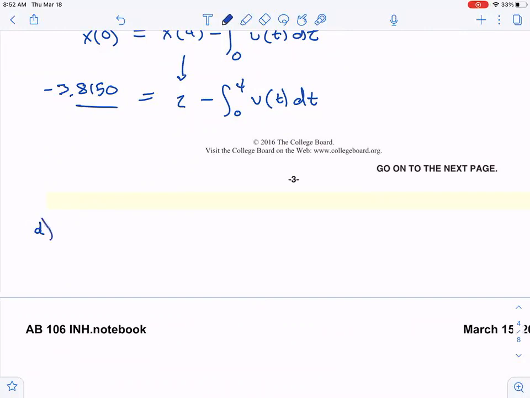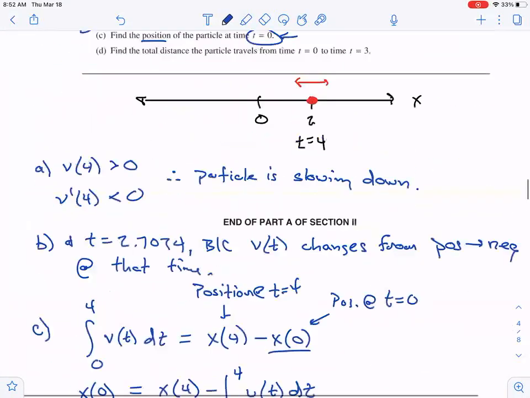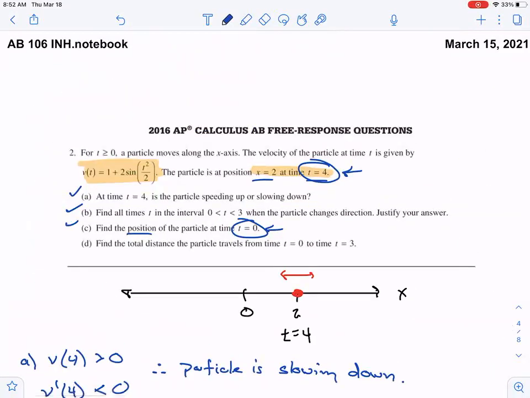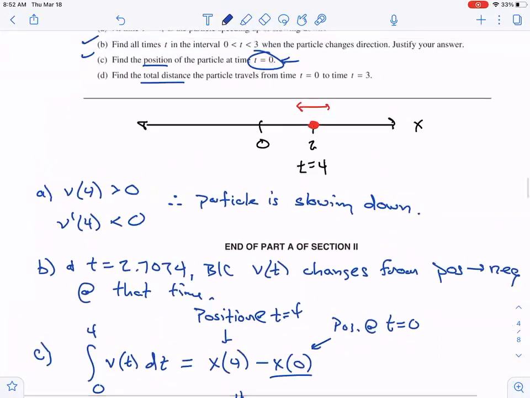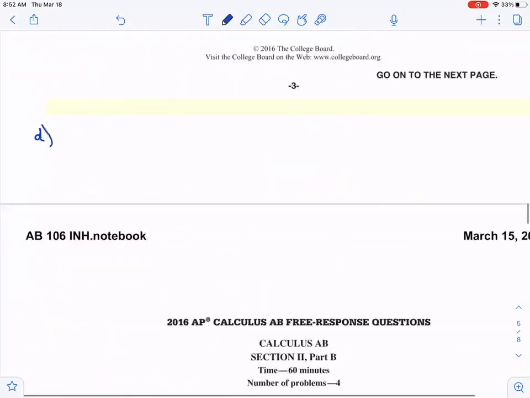Okay. Part D, find the total distance the particle travels from time equals 0 to time equals 3. Total distance. So that's going to be a definite integral from 0 to 3. But now what's my integrand going to be? This is key.